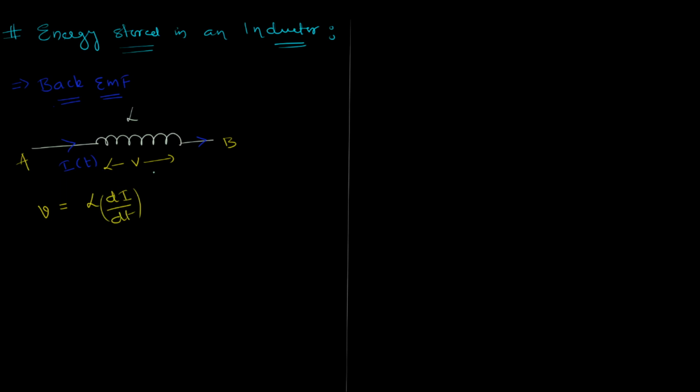But what I did not discuss in the previous video, and if you notice, I had written a little magnitude symbol for this. We were actually taking the magnitude of VA and VB, because I was not very sure whether A will be at higher potential or B will be at higher potential. Maybe it's still A, but let's see how it works.